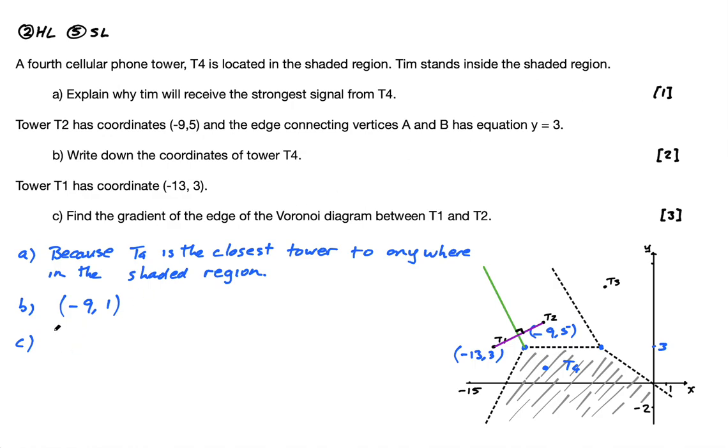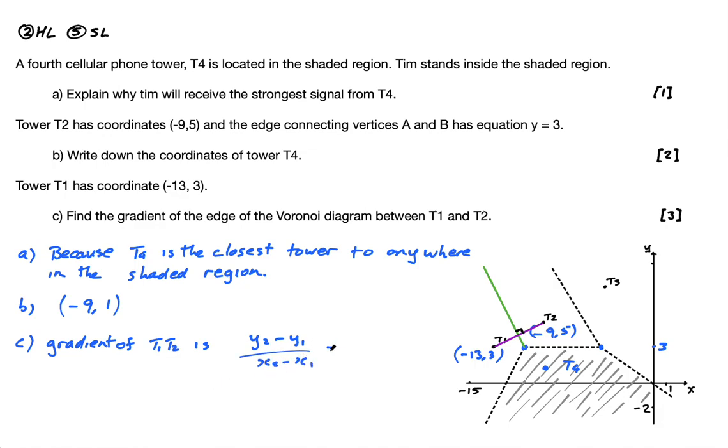So I'm going to say gradient of T1, T2 is y2 minus y1 over x2 minus x1.